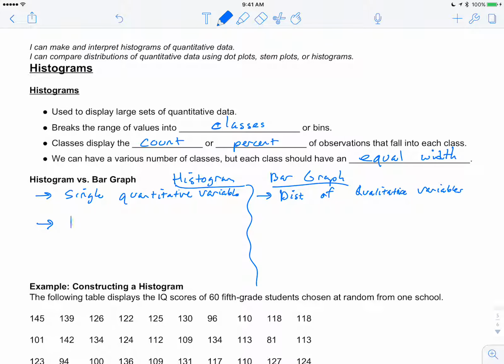Second, the horizontal axis for a histogram is a number line. For a bar graph, the horizontal axis has categories.